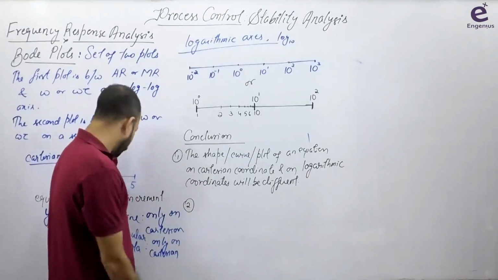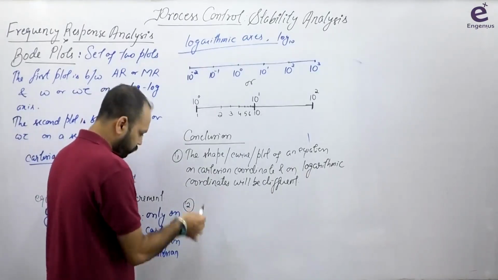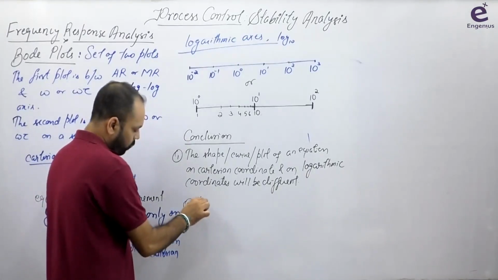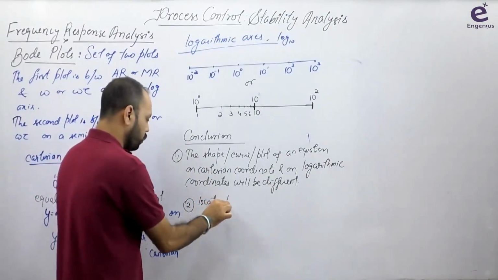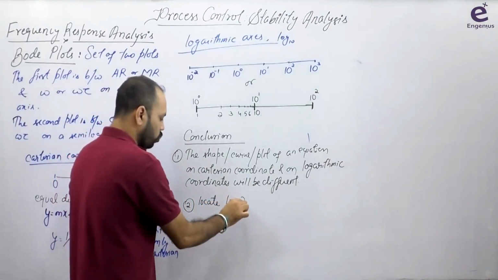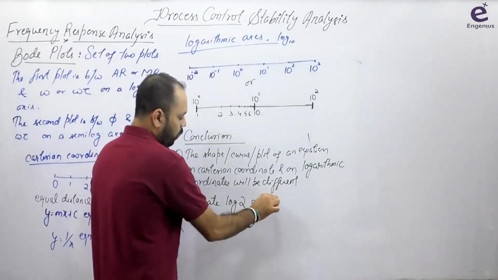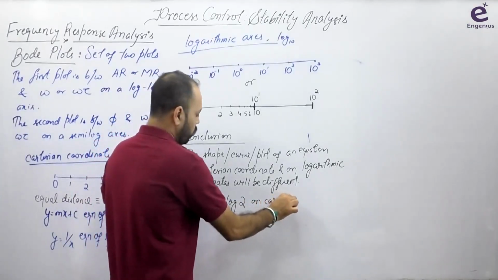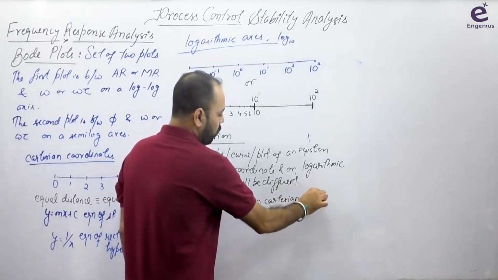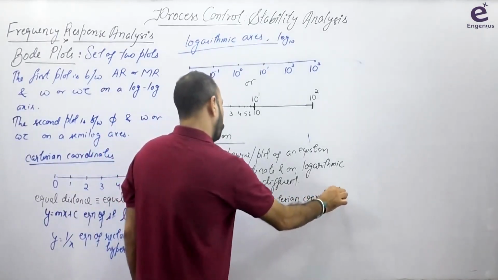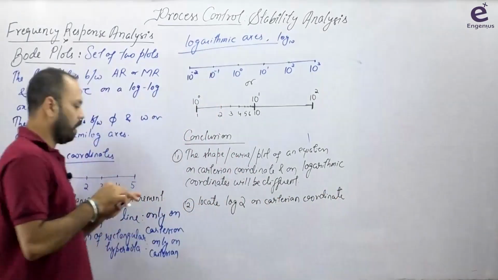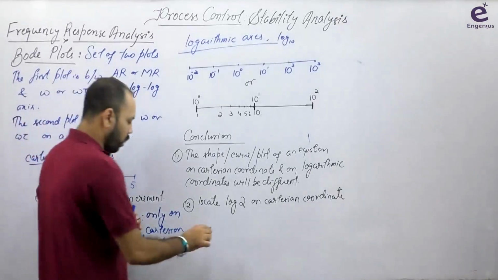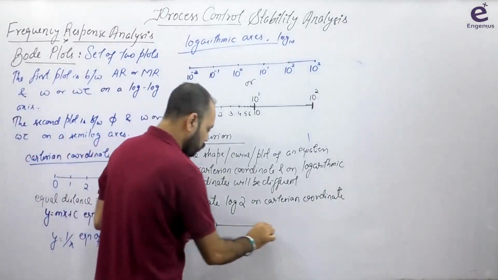Okay, secondly, suppose I want to locate log 2 on Cartesian coordinate. How are you going to do that? Suppose I ask you a question, do one thing, Mr. Suresh, take Cartesian coordinate, and this is the Cartesian coordinate.